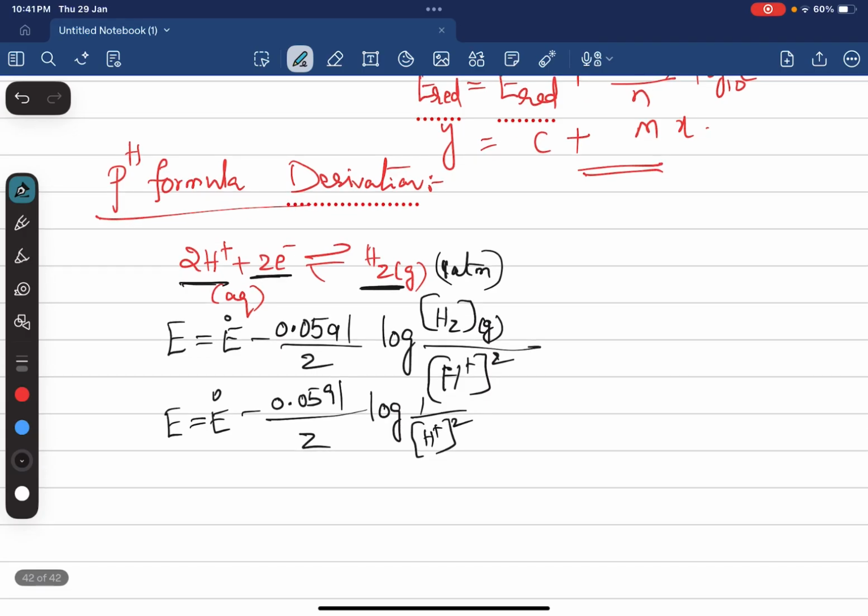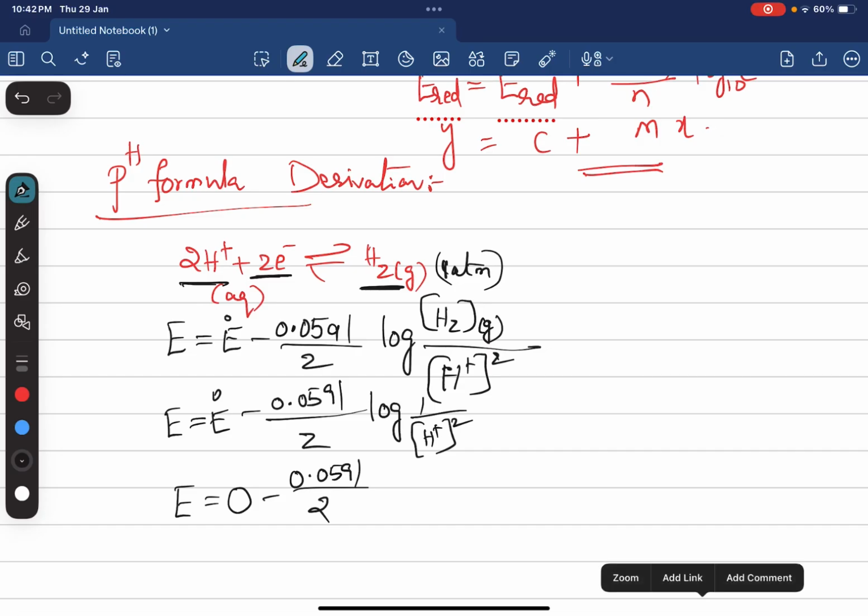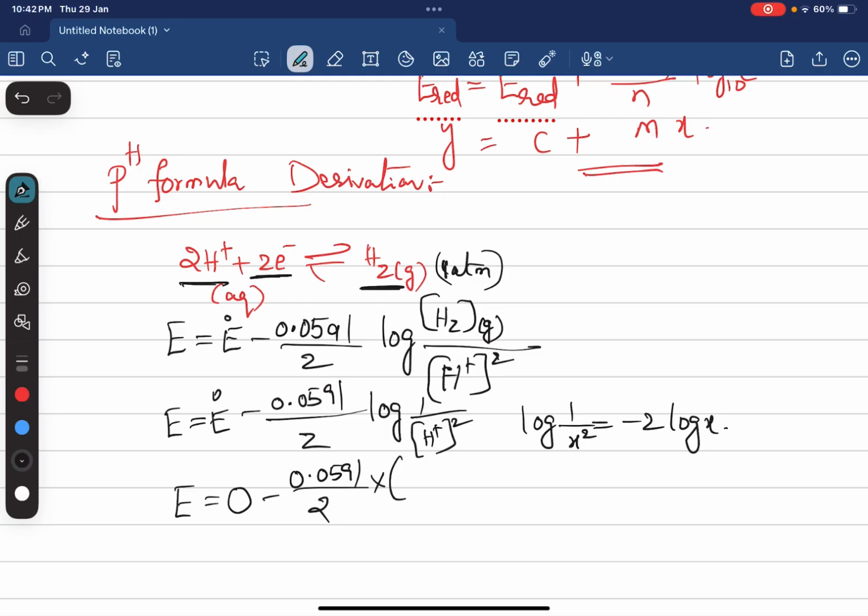So we can write this as E equals, because E naught value for SHE is what? 0, which we discussed earlier. Correct? So 0.0591 by, in the previous lecture I have discussed. If anyone doesn't know, you can watch that video. Clearly explained all this. So here log 1 by H plus square, what can we write it as, students? Log 1 by x power 2 can be written as minus 2 log x. So that's what we can substitute in this, minus 2 log H plus.